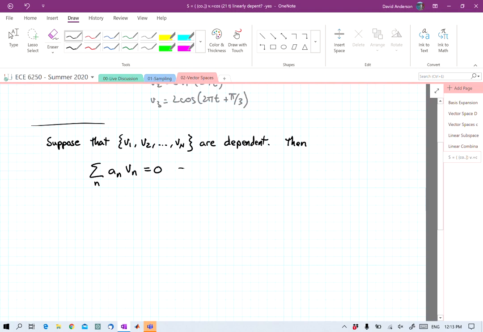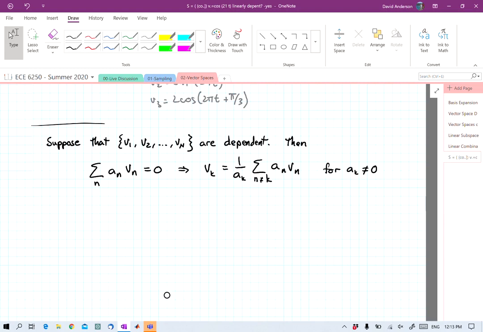Well, that means that for one of these, for which AK is not 0, we get this relationship to the rest of them. So we pull out one of the non-zero ones, AK not equal to 0.